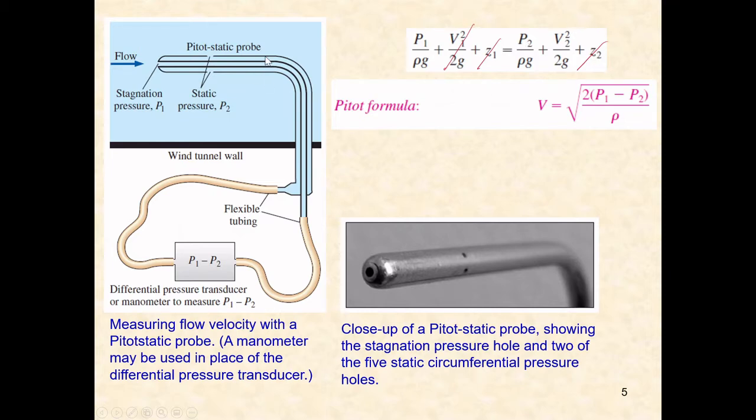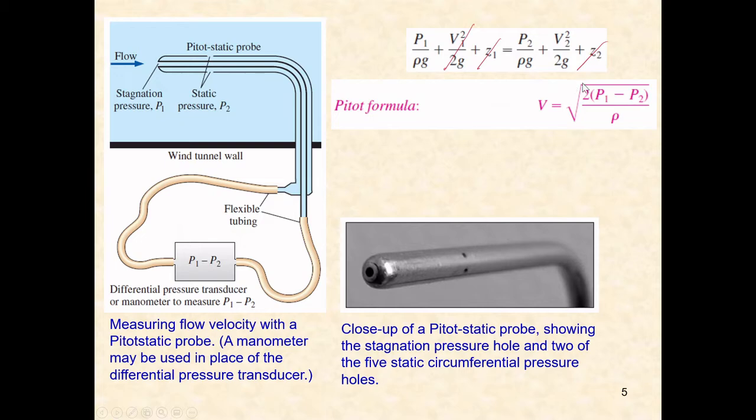And of course at point 2 the water is still moving, and at the same time you measure the pressure, so you have velocity as well as pressure at point 2. Then we can simplify the equation for V2, the velocity of the water moving here.